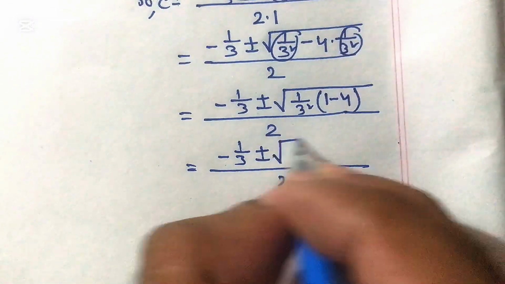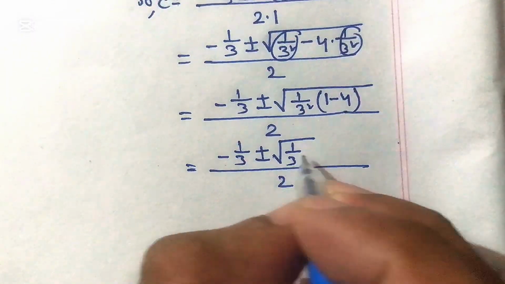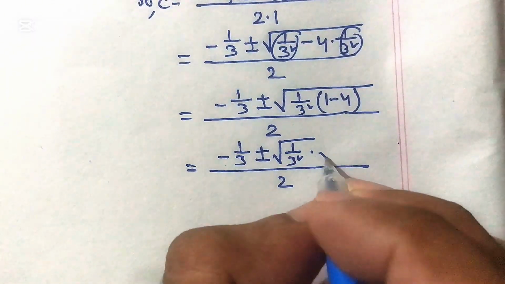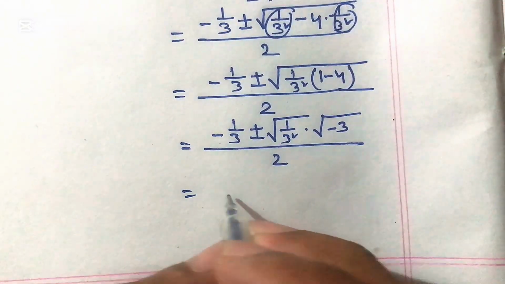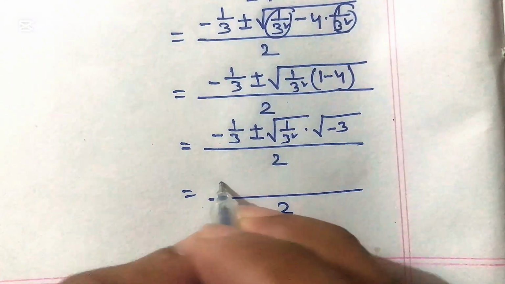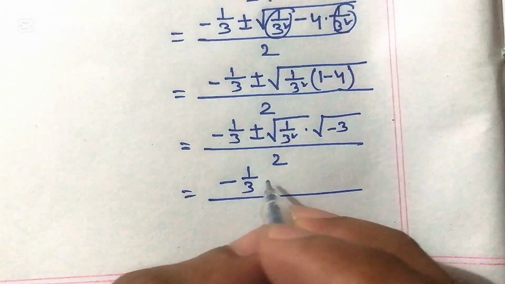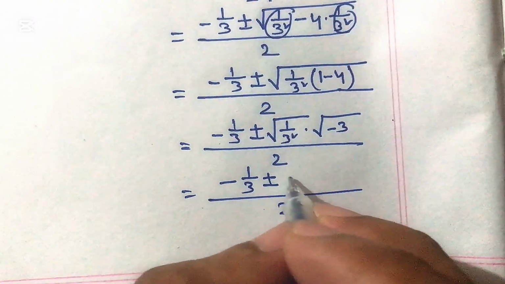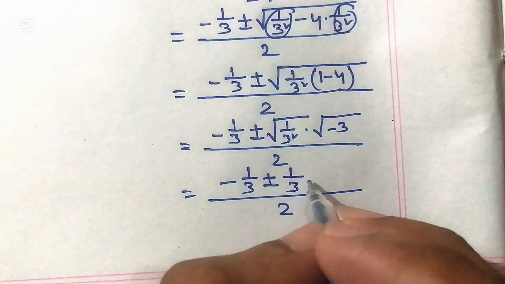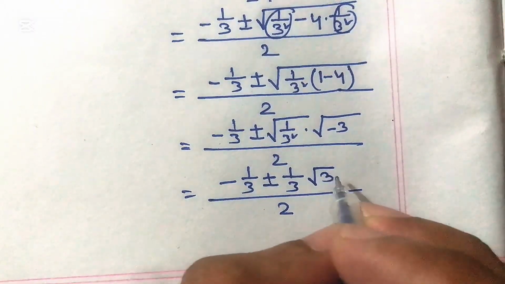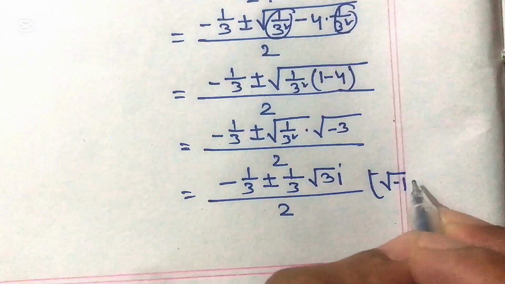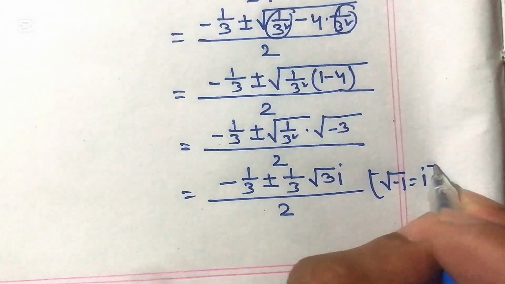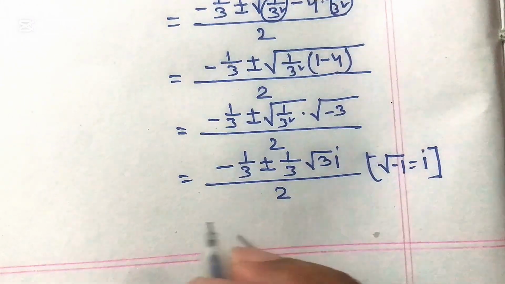Here we can separate them: (1/3)² times −3. So (−1/3 ± 1/3 √−3) / 2, which is ±(1/3)√3 i, because √−1 is equal to i.